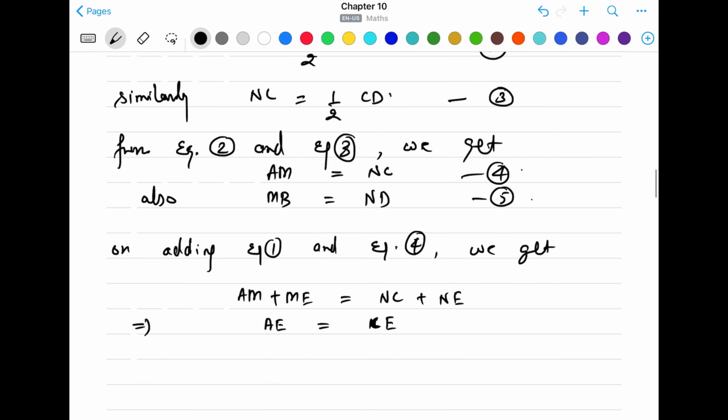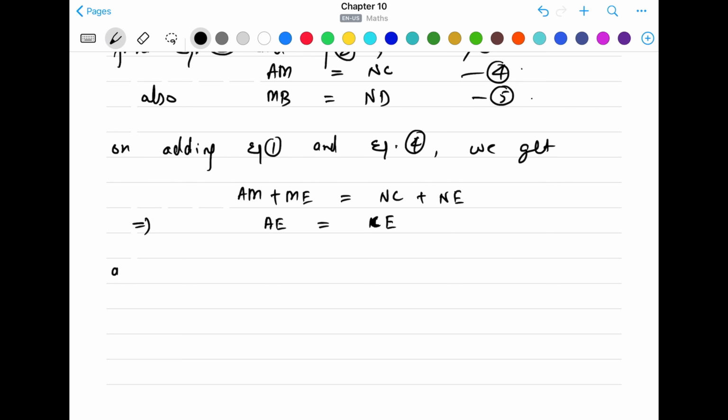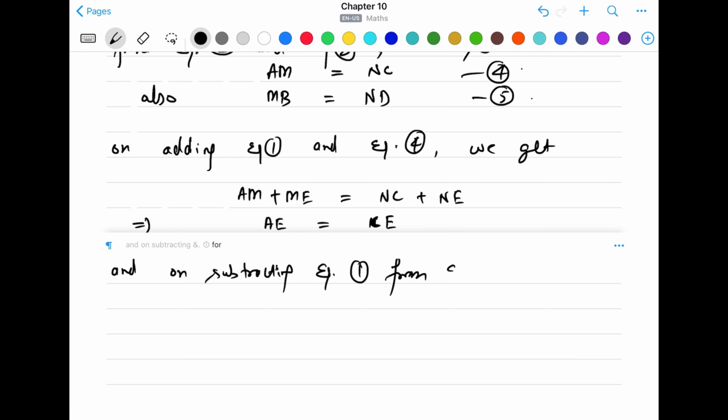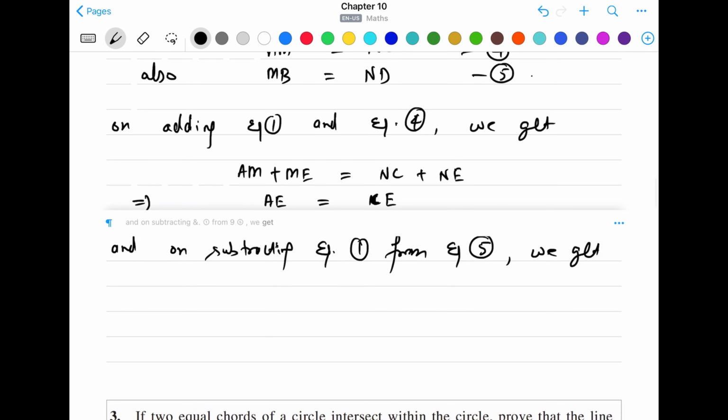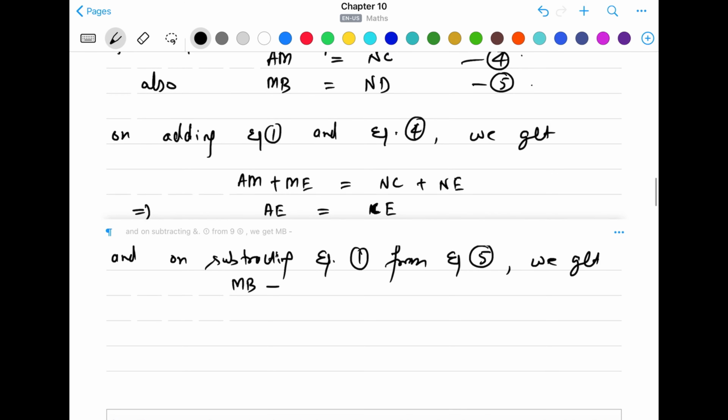First part, that AE is equal to CE, and on subtracting equation 1 from equation 5 we get, okay, so first we'll write the quantities of equation 5, that is MB minus we have ME, on the other side we have ND minus NE.